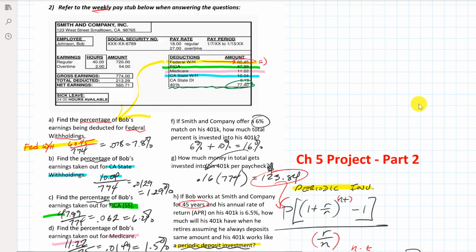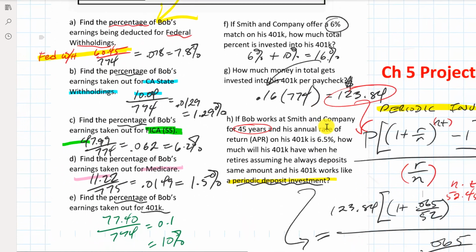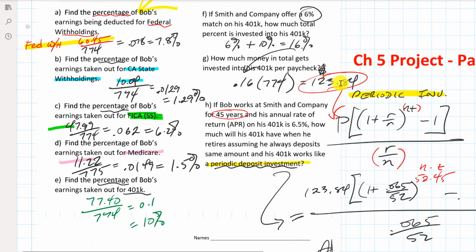We had this weekly pay stub with a fictitious person, Bob Johnson, and notice all these deductions were taken out. The last deduction was 401k, and this was 10% of his gross earnings. Then in Part F, the company added a 6% match on that. So instead of depositing only 10%, he deposits 16% of the gross earnings, which in Part G is $123.84.